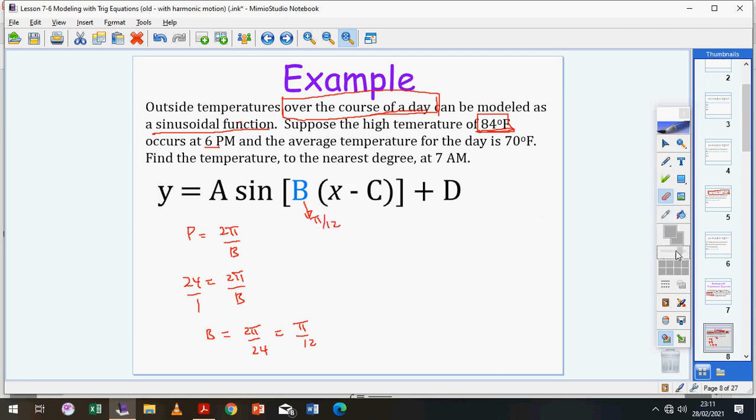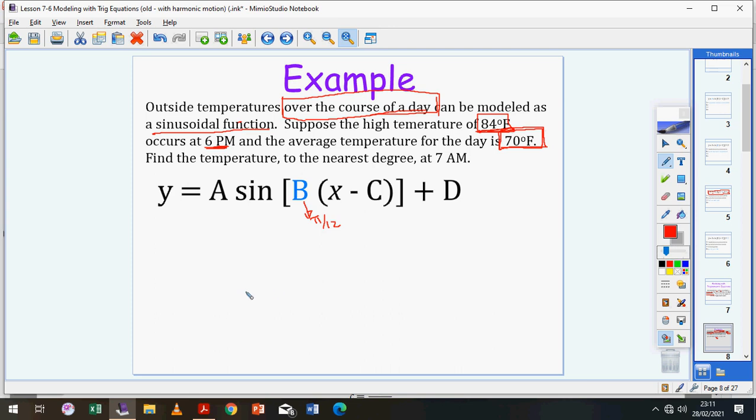Okay, let's see what else I can get from the information that has been given. B is pi over 12. Good. The high temperature is 84. That occurs at 6 p.m. Okay, that's going to help me at some point. But then it says the average temperature is 70. Now this is telling you what the midline is.